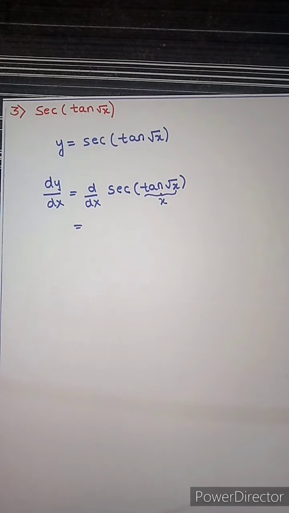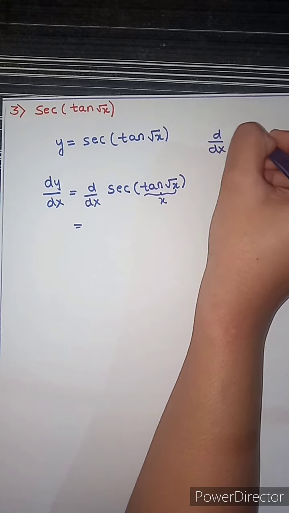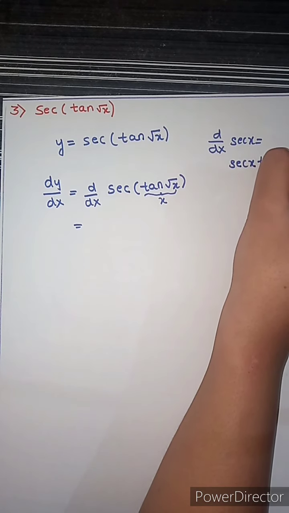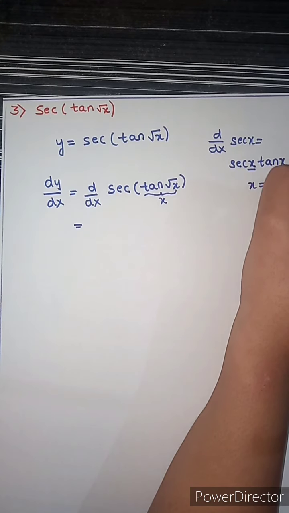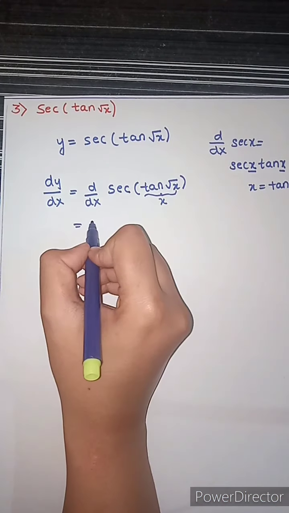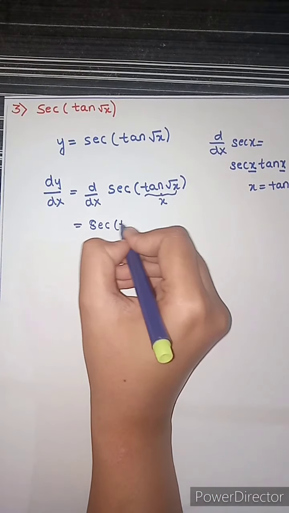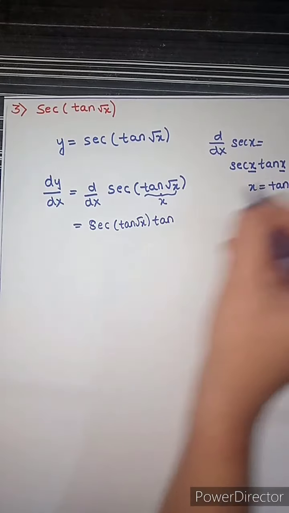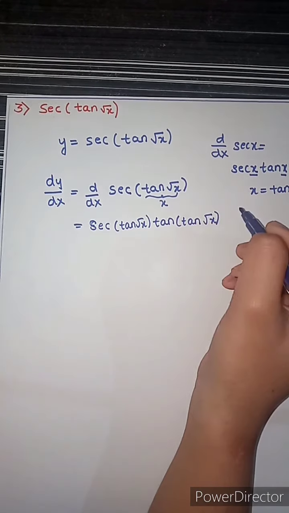We know the differentiation of secant x. d by dx of secant x is secant x tan x. In the place of x we have tan root x, right? So secant x means secant of tan root x, tan x means tan of tan root x.